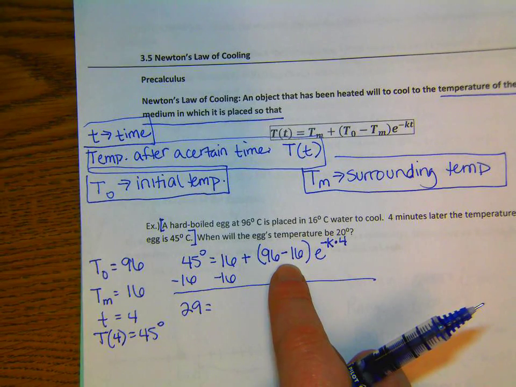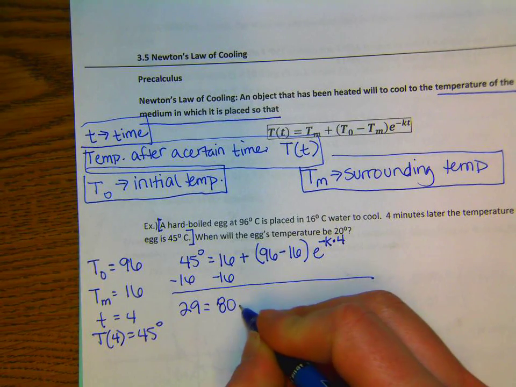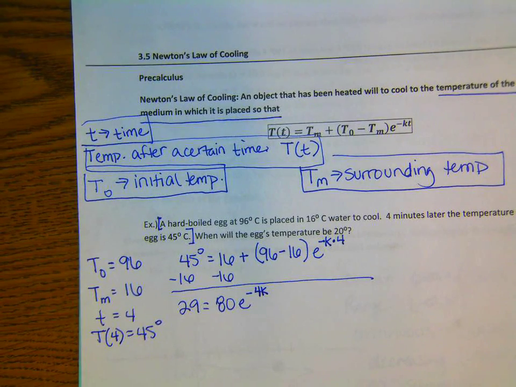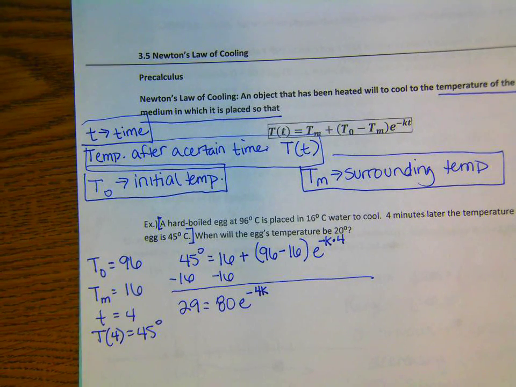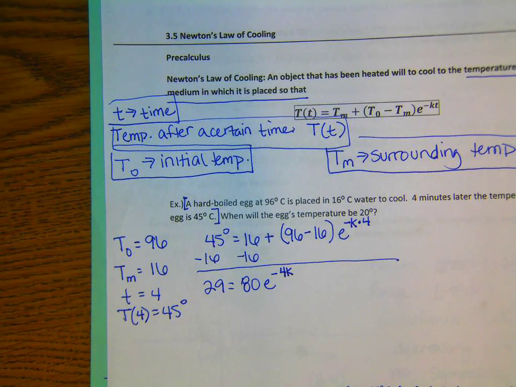And isn't 96 minus 16, 80? Okay. Isn't negative k times 4 the same as negative 4k? I'm just going to write it out. Alright, what should I do now? Divide by 80.